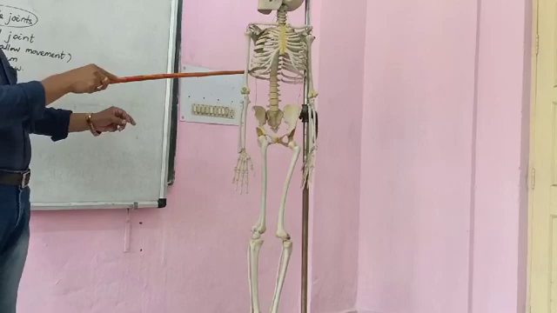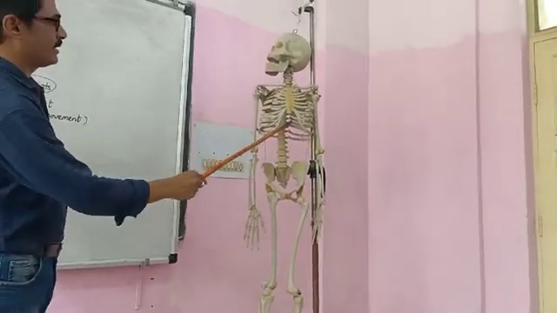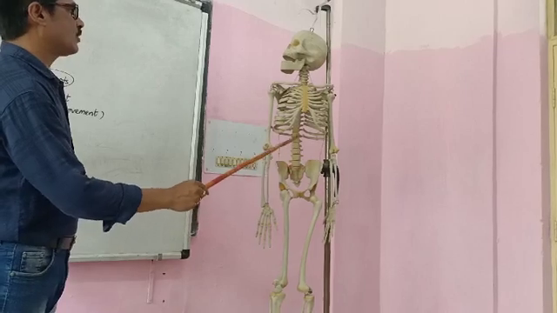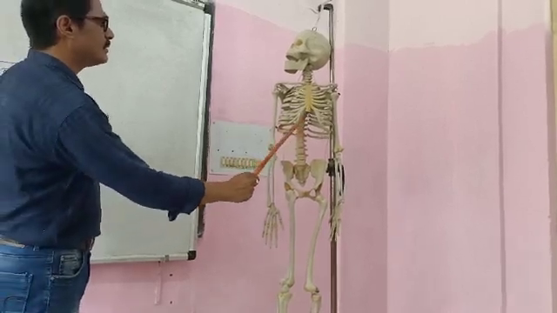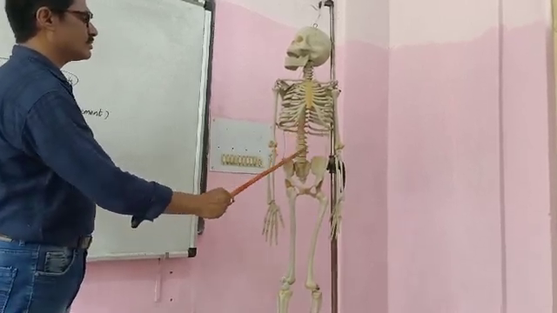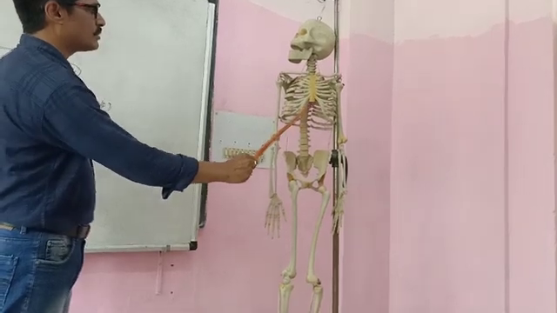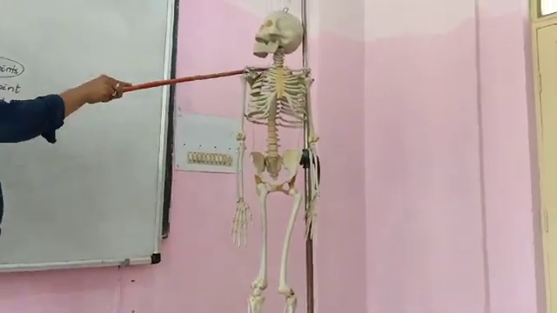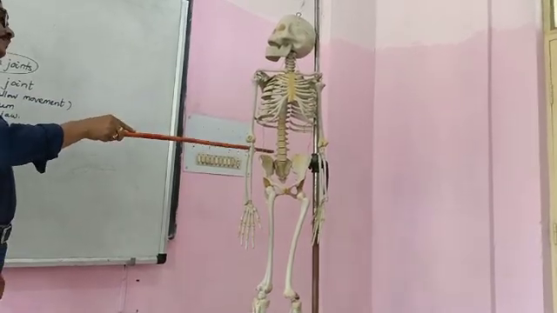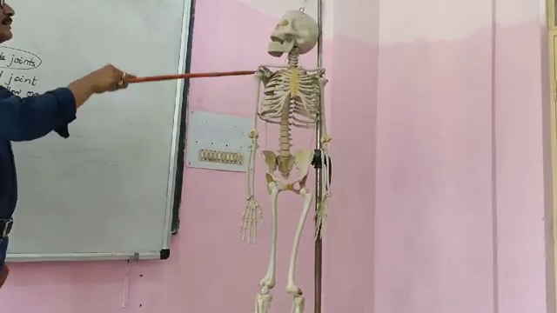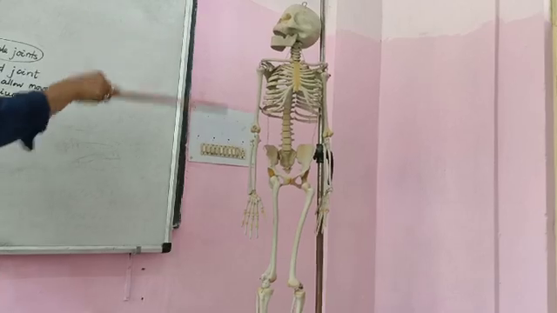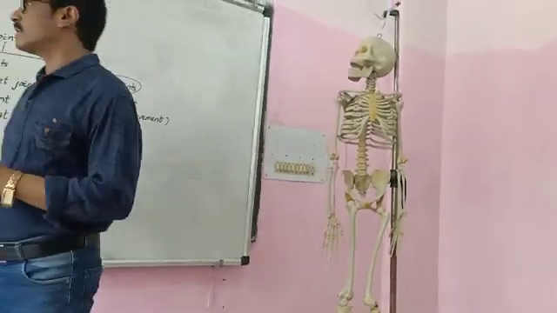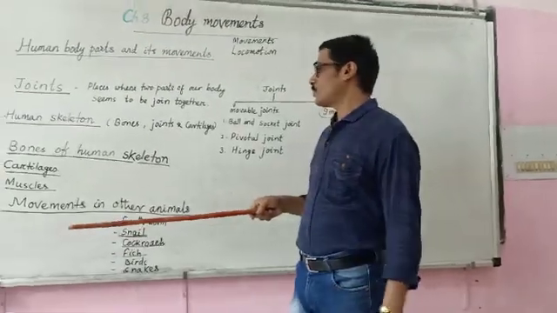Next is the backbone. It is found at the back side of your body. It consists of small ring-like bones. These bones form a cylindrical part, and it allows us to bend. These are all the different parts of the human skeleton.